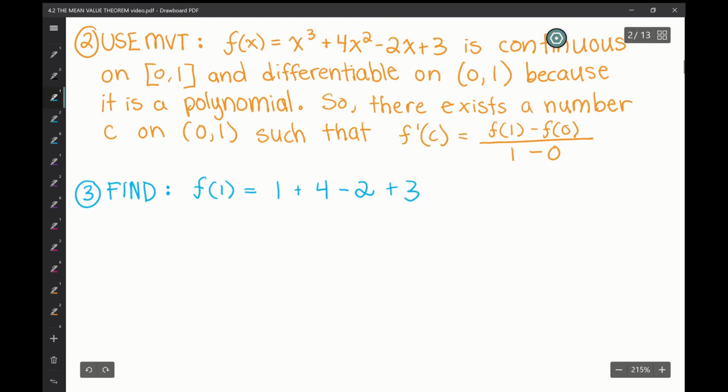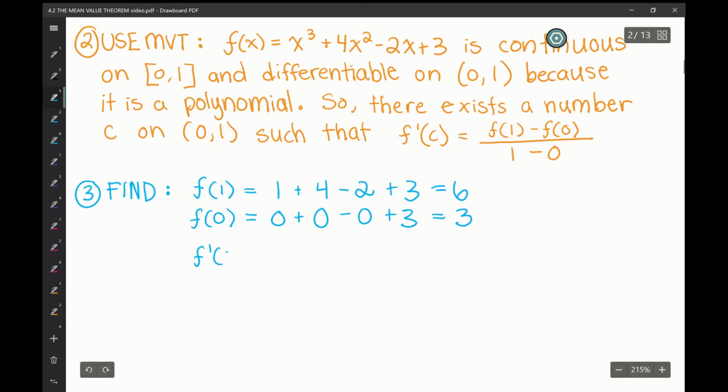So that's 1 plus 4 minus 2 plus 3, which is equal to 6. F of 0 will be equal to 0 cubed plus 4 times 0 minus 2 times 0 plus 3. I meant to write 0, but I accidentally wrote 4, which is equal to 3.